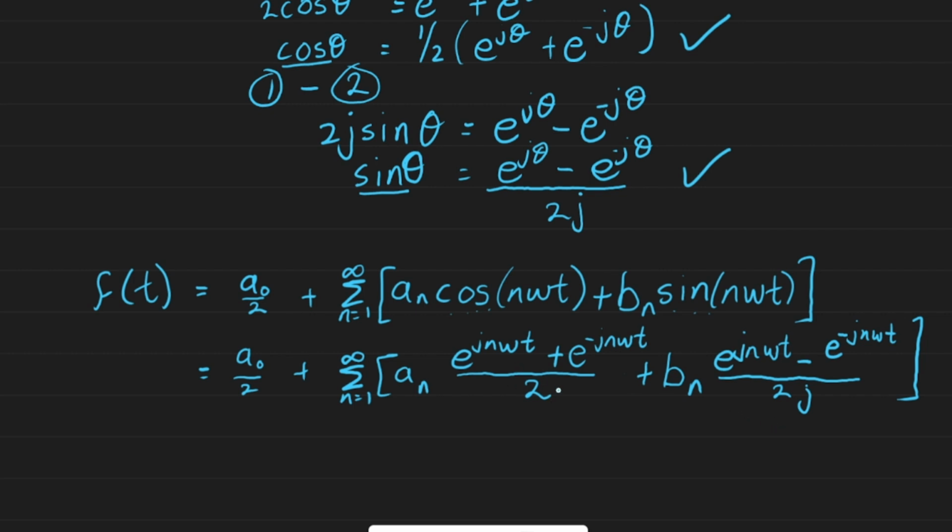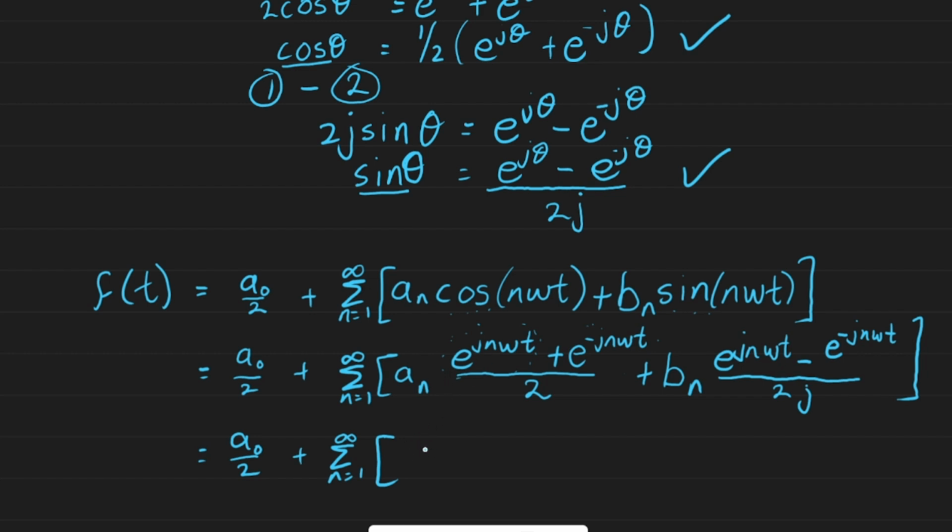Now we can express the term inside the brackets by taking e to the power j n omega t as one common factor, and e to the power minus j n omega t as another common factor. Firstly, we have an multiplied by e to the power j n omega t.